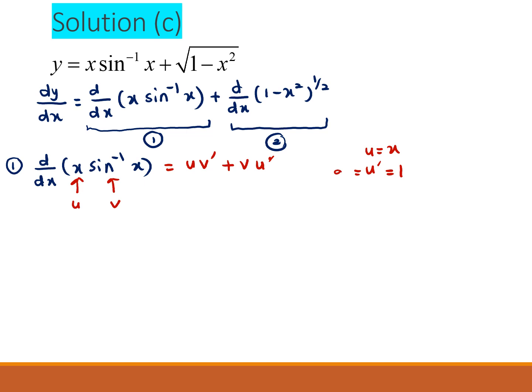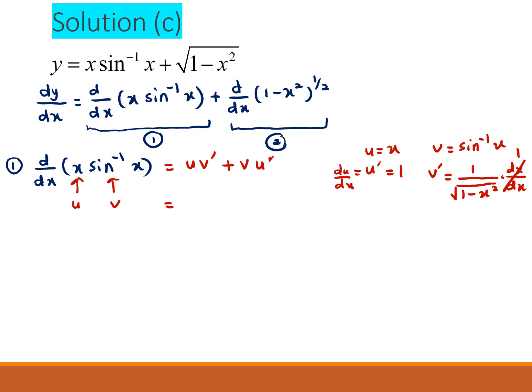Or this can also be written as du over dx. And v equals the inverse sine of x, and the derivative of v is given by 1 over the square root of 1 minus u squared, which is x, so just substitute u with x, times du over dx, which is dx over dx, and this equals 1.